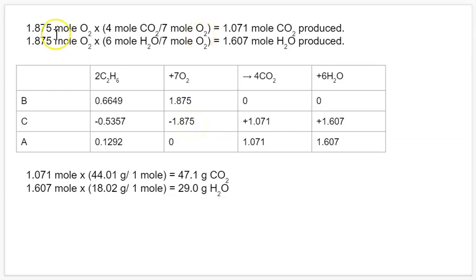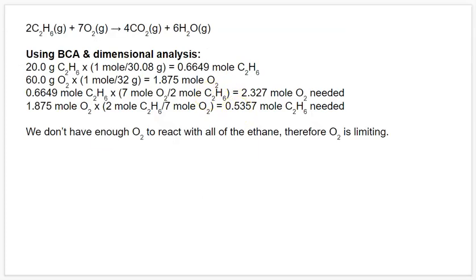And then I can use this number to infer the amounts of the ethane being used and the carbon dioxide and the water being produced using their respective ratios. So I already calculated the ethane, so the change is just going to be the subtraction of the starting amount of ethane and then the amount that we used from the previous example here.